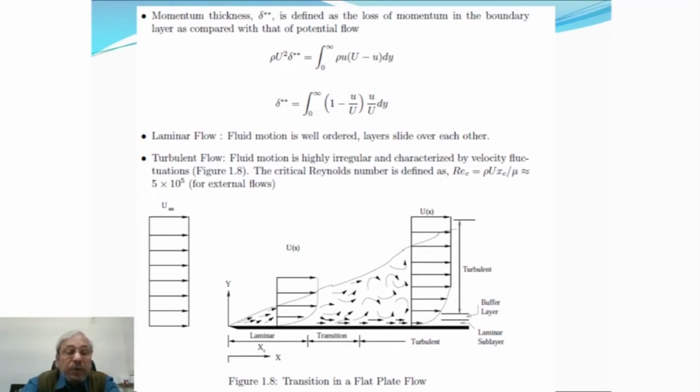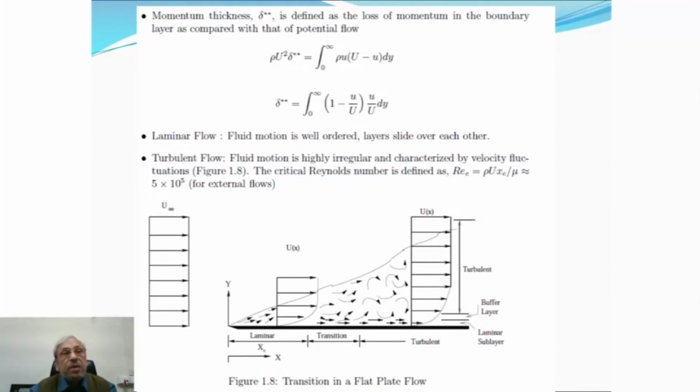A much more rigorous definition has to be given, but at the moment we can say that fluid motion which is very well ordered, as if one layer of fluid is sliding over another layer of fluid without getting undulated, that flow is called laminar flow.